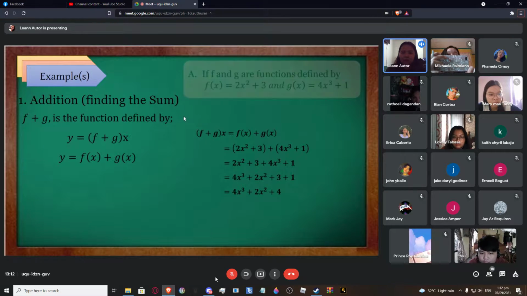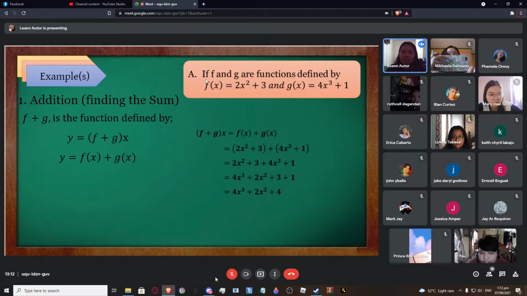All right, so the given function: if f and g are functions defined by f of x is equal to 2x squared plus 3 and g of x is equal to 4x cubed plus 1. So we are going to use the given formula y is equal to f of x plus g of x.